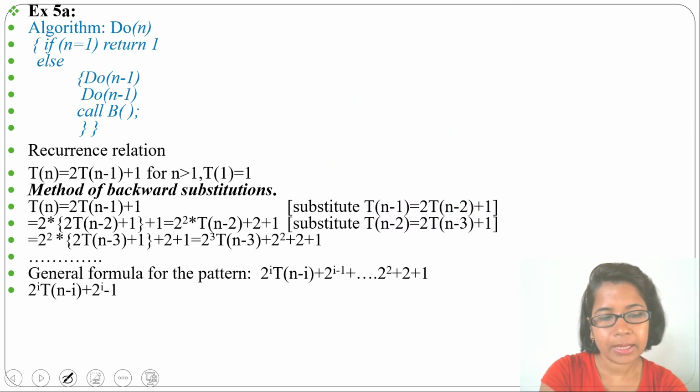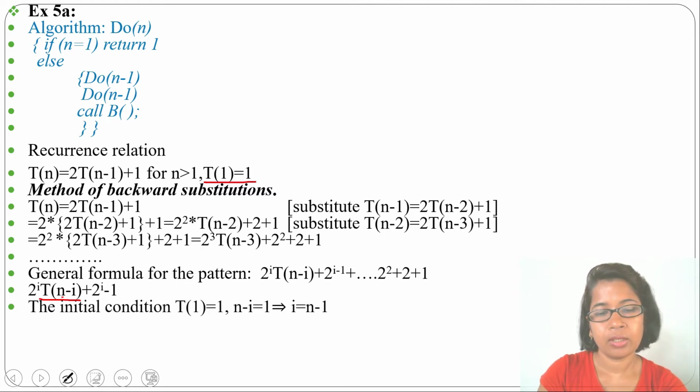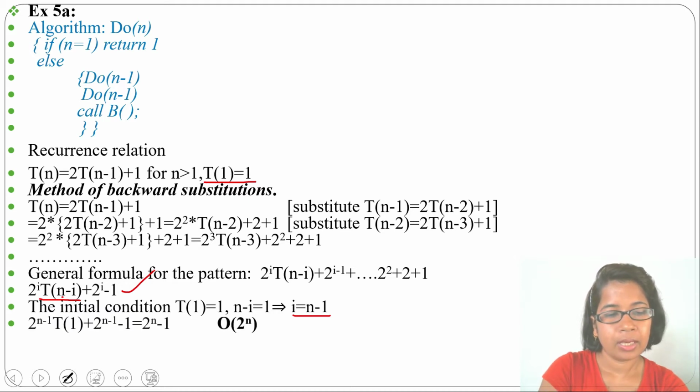Now compare this recurrence relation with the initial condition. The initial condition is T(1) equals 1. Just assume n minus i equals 1, so the i value will be n minus 1. Now substitute in this recurrence relation. So 2 power i will be 2 power n minus 1, and in place of n minus i we substitute 1, so it will be T(1).